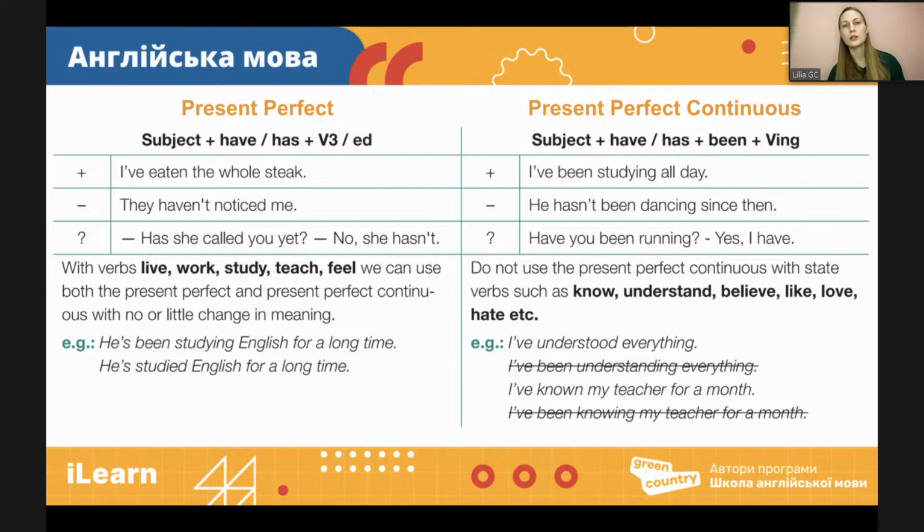So now the formulas again of present perfect and present perfect continuous. Here I would focus only on one thing. Pay attention that we can sometimes use them vice versa. For example, I can say she has been living in this house for 5 years.